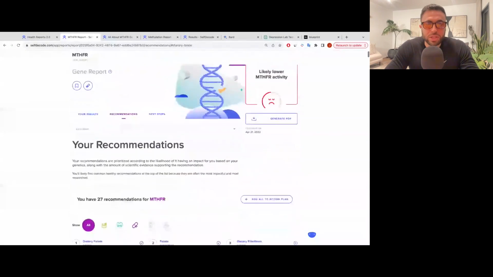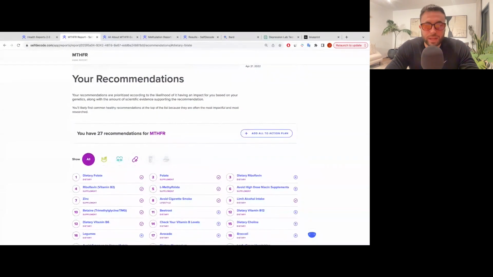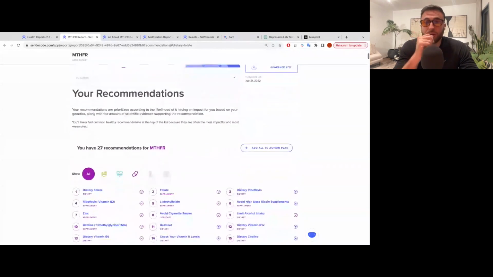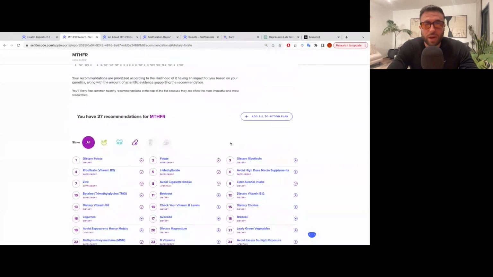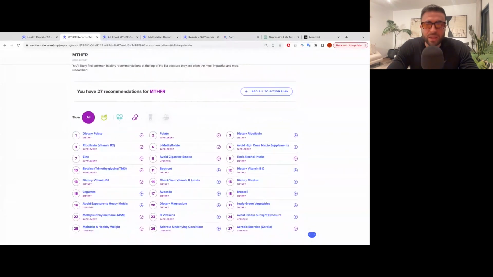So that's what you need to know for the MTHFR. If you are red here or you have lower MTHFR activity, the main thing you need to know is you can get more from your diet from plants generally. So getting some vegetables, you could supplement, and I would recommend looking at the methylation report to see if you're low in methylation as a whole, because it could be that your methylation is fine and MTHFR is the only problem.